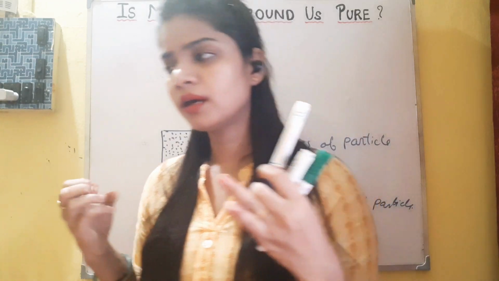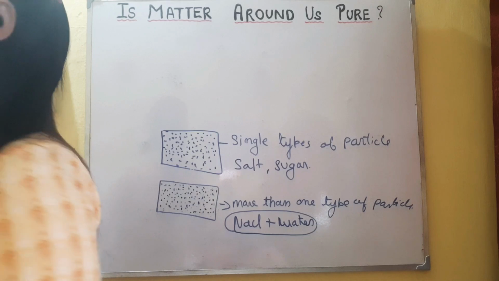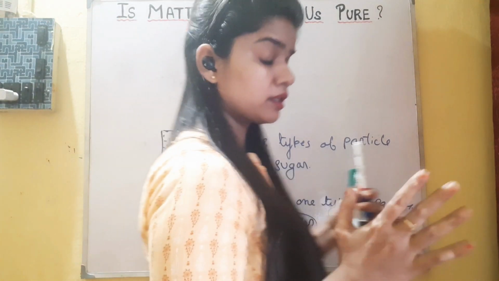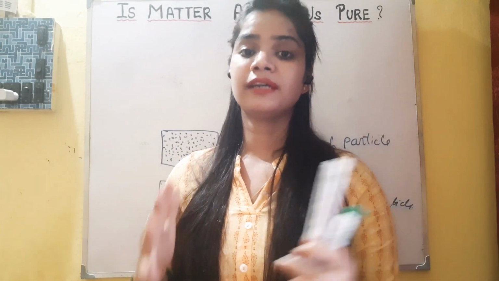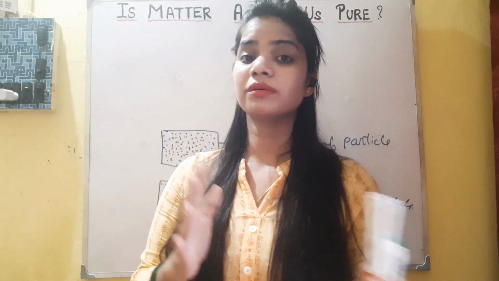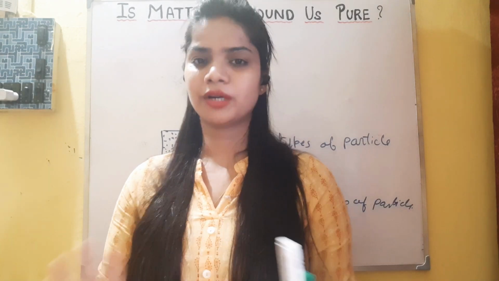Alloy is nothing but a mixture of more than one type of metal, like brass. Brass is a mixture of copper and zinc. Brass utensils we use in our daily life, but this is also not pure. This is also mixed with two types of matter. Like that, many metals, solids, liquids or gases we use in our daily life are not pure.